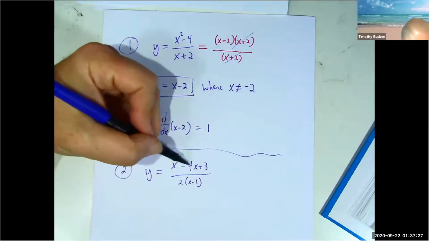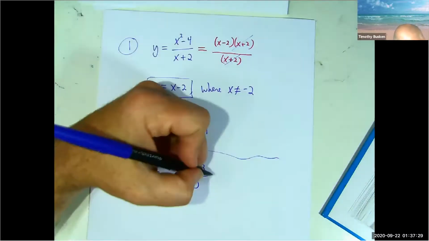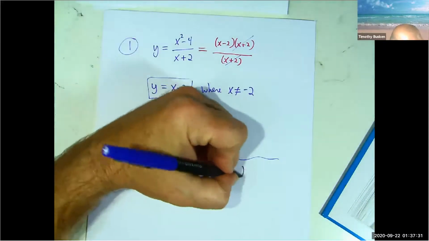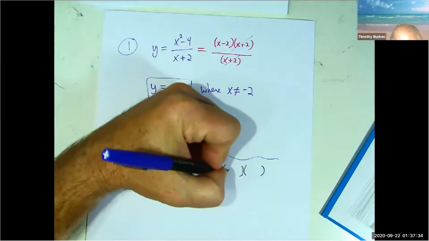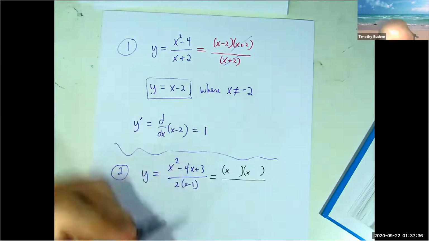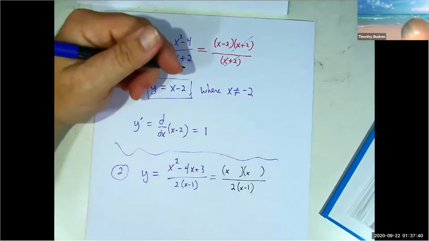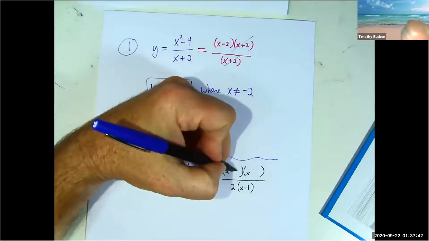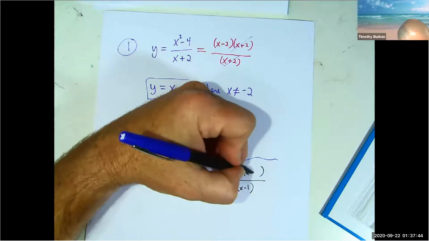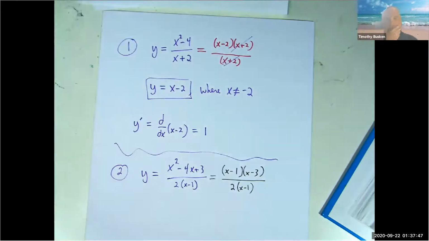One idea is to try to factor the numerator. And so if we did factor the numerator, how would that factor? I think it'd be like this: (x minus 1) and (x minus 3). Would that work?